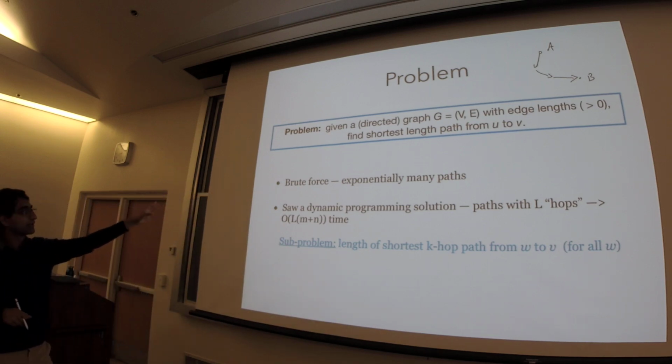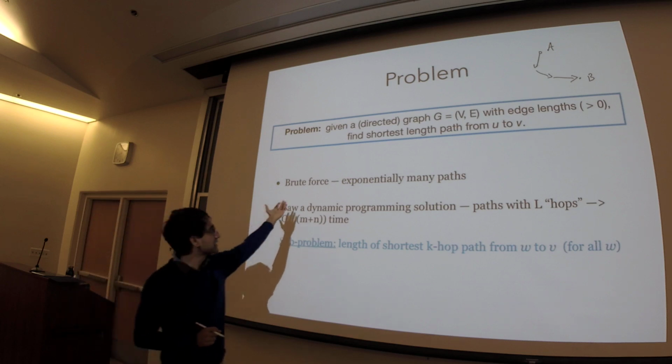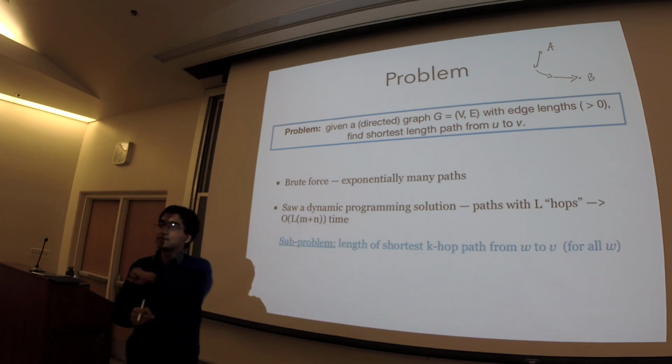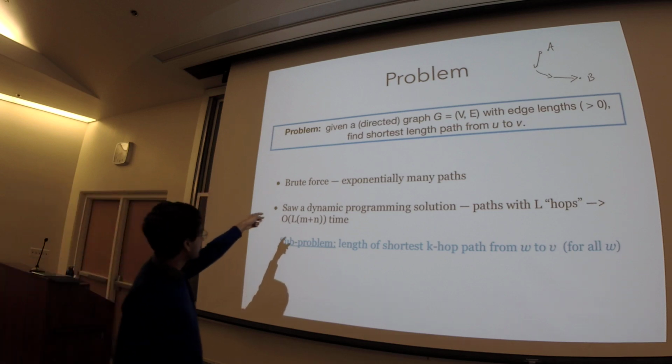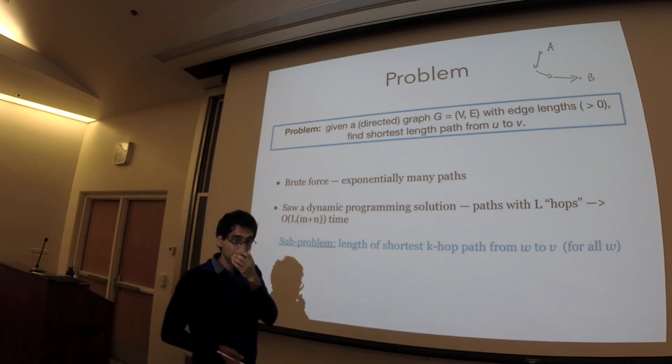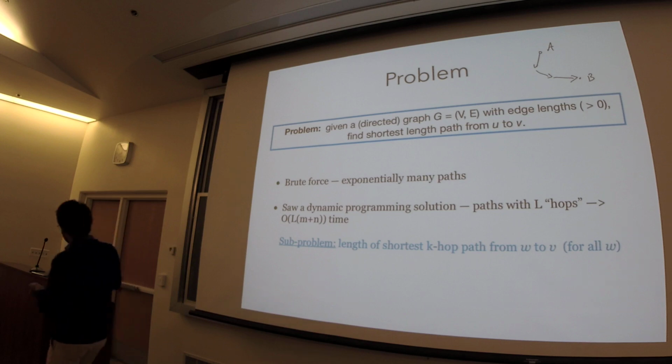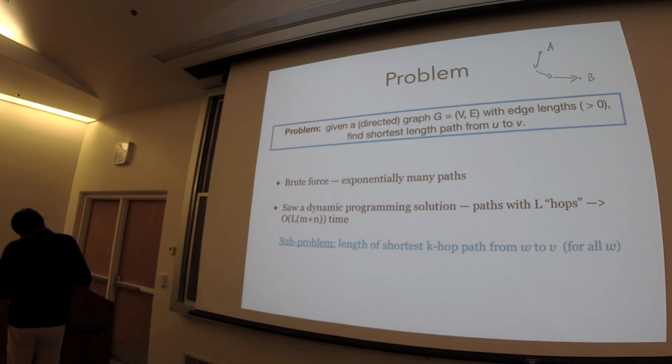We said before that you could have exponentially many paths. Searching all paths, or even enumerating paths, is pretty difficult in itself. Earlier, when we were looking at dynamic programming, we saw the Bellman-Ford algorithm.